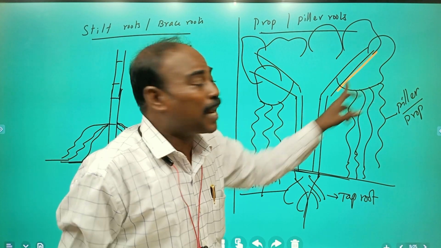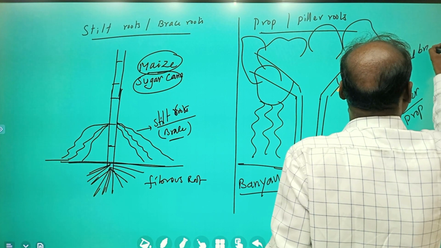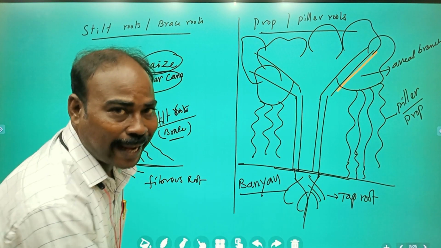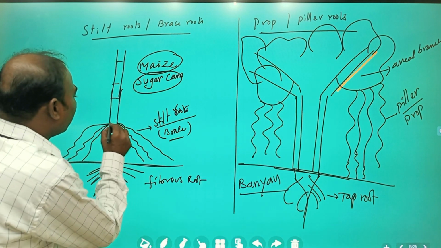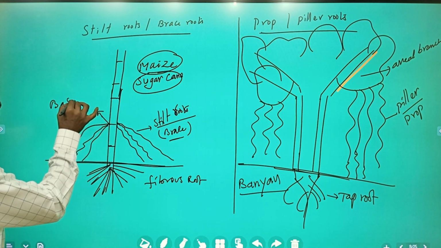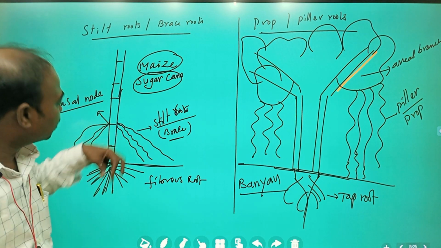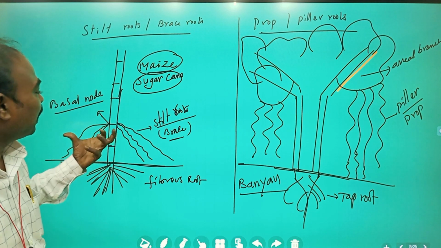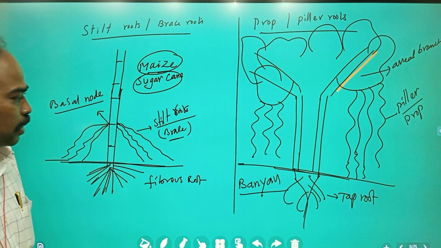The aerial branches of these plants produce additional pillar roots to take more mechanical support. Basal nodes produce additional roots, that is stilt roots, for mechanical support in plants such as maize and sugarcane.